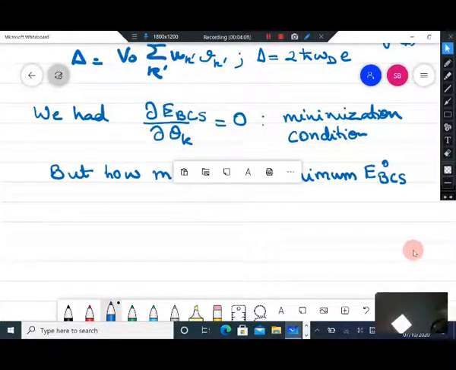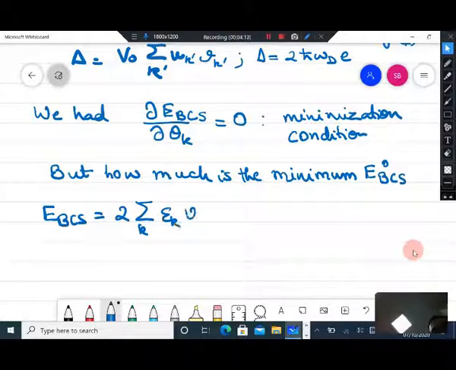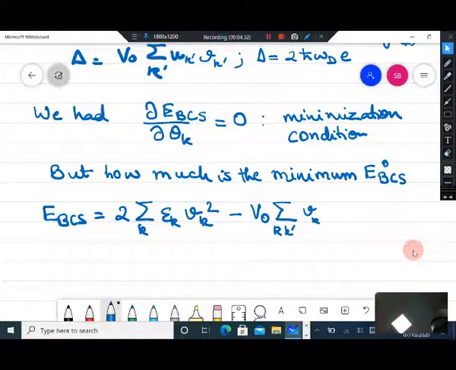If you recall, EBCS was twice the sum over k of Ek vk square, minus V naught, which is the attractive potential. Now we directly use V naught instead of Vk prime, since we know that we are using the BCS form. Then it is vk star, uk prime star, uk, vk prime. That is the form that we had used.